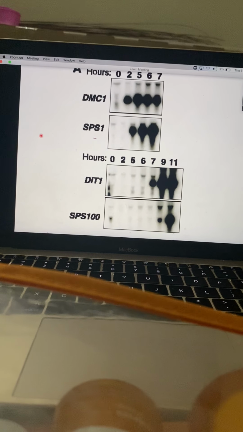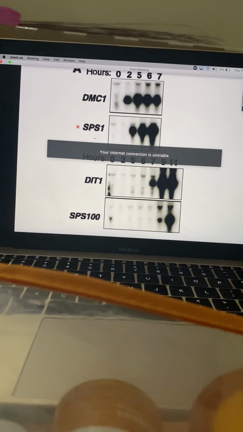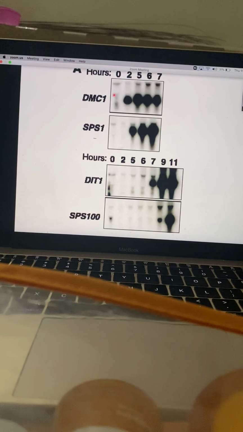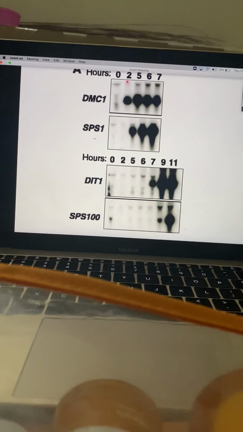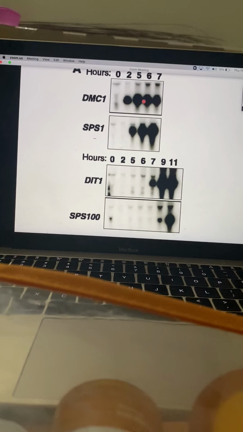So here is showing northern for these 4 classes of genes. These are typical genes. So this is an early gene. You have a 0 time, meaning at the beginning of the experiment. You have basically nothing, and then you start seeing, at 2, the appearance of a strong band that increases but maintains more or less the same. So this would be a typical early gene.